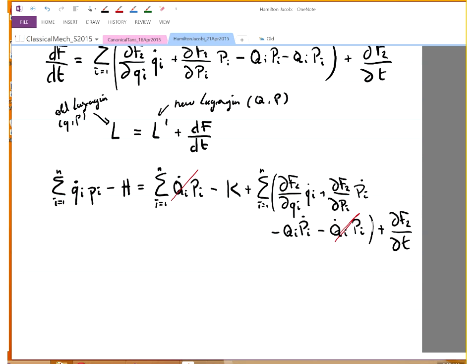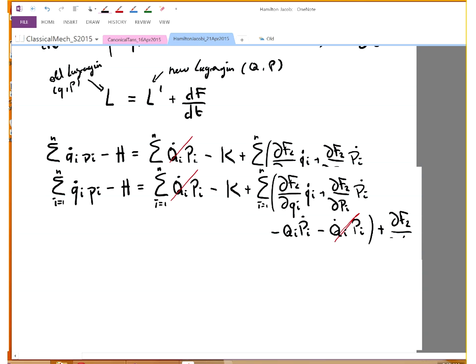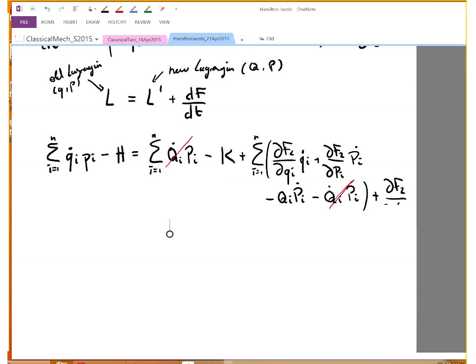What I'm going to do now is factor things in lowercase qi dot together, and then I'm going to factor things in capital Pi dot. So let me start with the lowercase qi dots. On the left-hand side of the equation, I have the sum from i equals 1 to n. So I have a qi dot there, which I'm going to factor out. So I have a Pi.